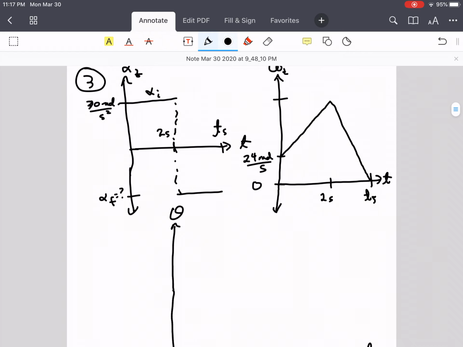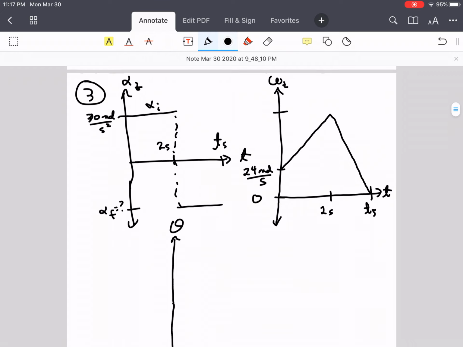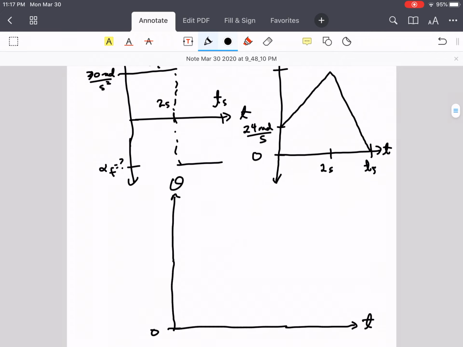All right, so let's say a little bit about what's going on with theta as a function of time. So theta is, generally speaking, a parabola. It's constant acceleration. I start off, let's say, at theta equals 0. I can just pick theta equals 0 to be my starting point. I then accelerate, starting at a constant slope of 24 radians per second and then actually increasing, up to some time t equals 2 seconds.